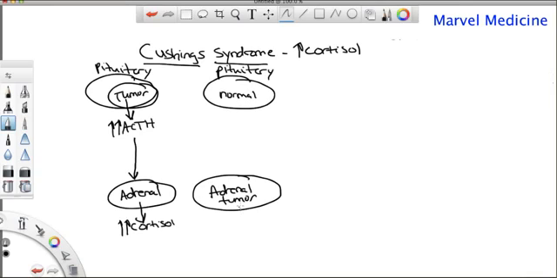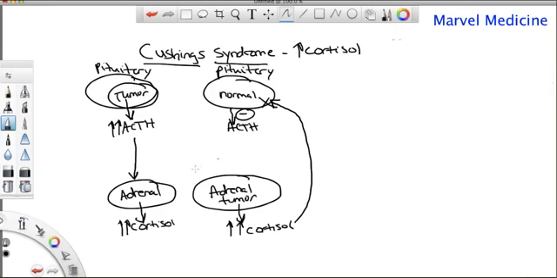And what this adrenal tumor is releasing is a lot of cortisol, again causing the same thing, Cushing syndrome. But what this cortisol is doing is it's going back to the pituitary and inhibiting the release of ACTH. Okay? It's inhibiting ACTH.